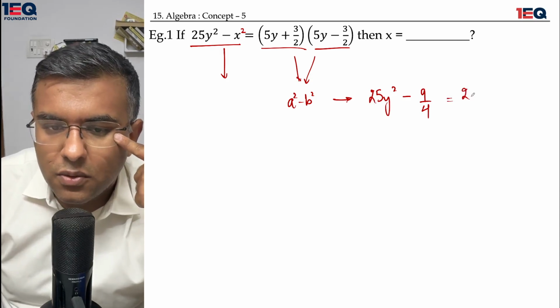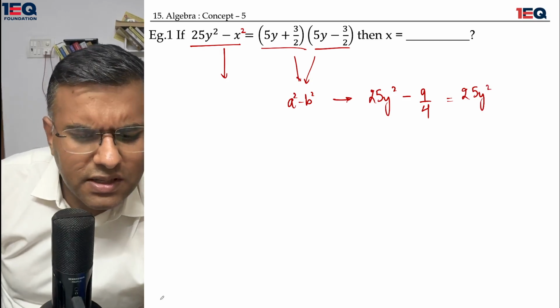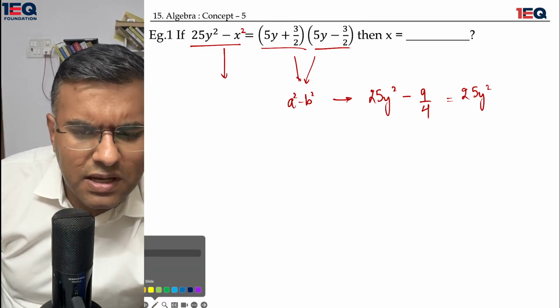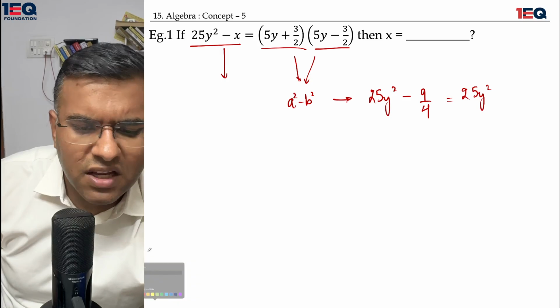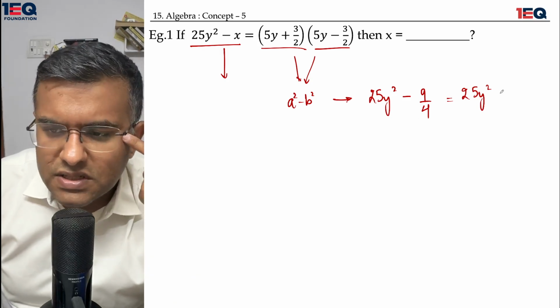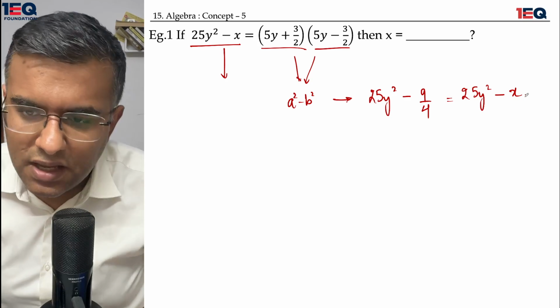This is equal to 25y square. No, I don't think there is an x missing. It's okay. They're just asking me the value of x. I can give that straight away, which is minus x, 25y square minus x.